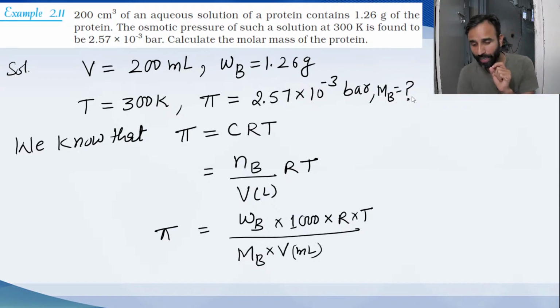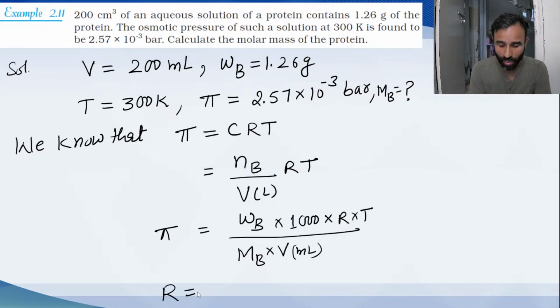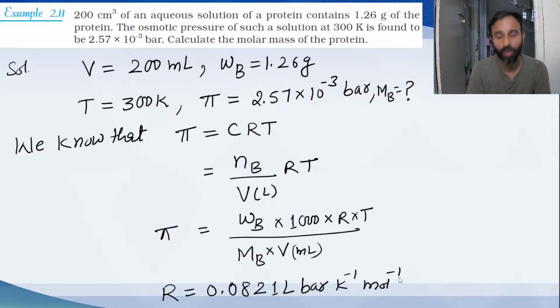So now we need capital R. Temperature is given in Kelvin. So capital R we need in appropriate units because pressure is in bar and volume in liter. Volume in ml is multiplied by 1000, so it becomes V upon 1000 in liter. So keep in mind, the value of R is 0.0821 liter bar per Kelvin per mole.